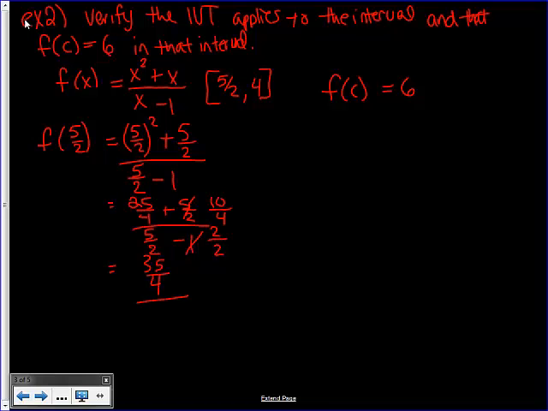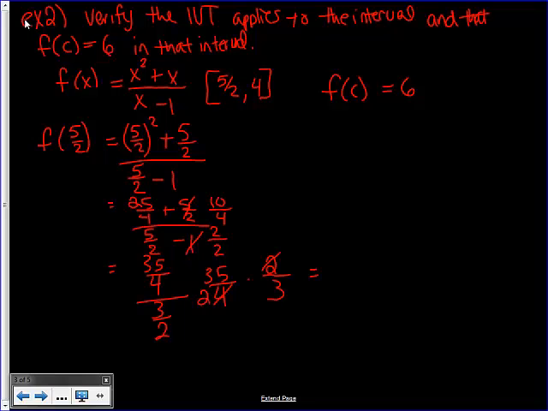All divided by, well, 5 halves minus 2 halves is 3 halves. Well, fraction divided by a fraction. Remember, you keep your numerator the same, 35 over 4. Change division to multiply. Flip your fraction into 2/3. Cancel. I can cancel my 2 here, and 2 goes into 4 twice.